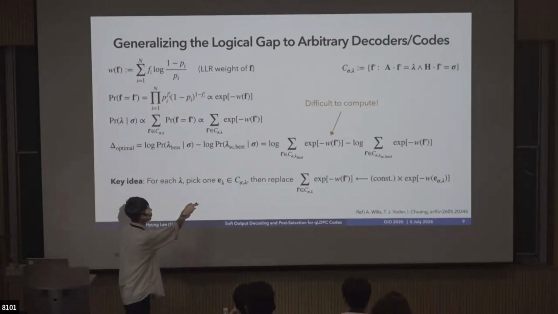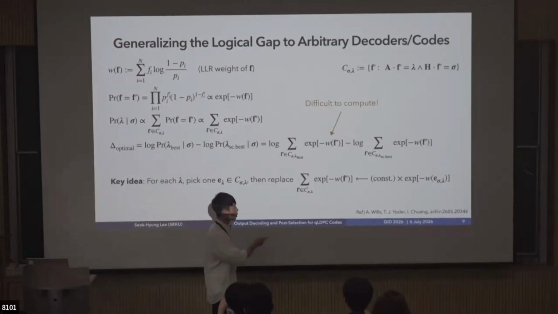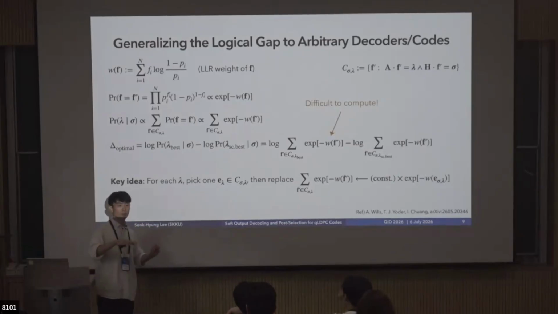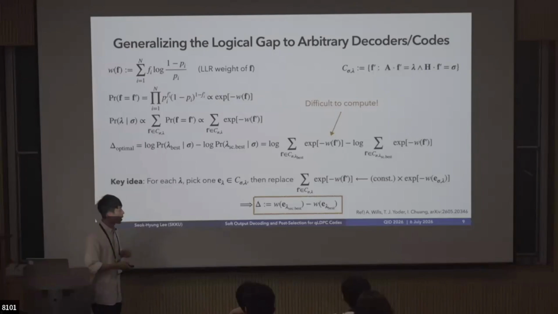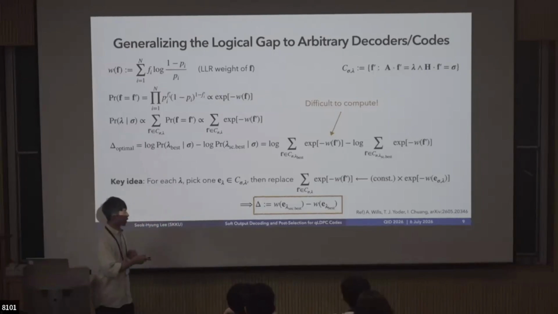But because we apply the log function here, the condition is slightly less strict, because this constant term is just moved to a log constant. So effectively, the log of this constant factor should be similar across the logical classes. If those conditions are met, we can simply define the approximated logical gap as the difference between the weights of these two.